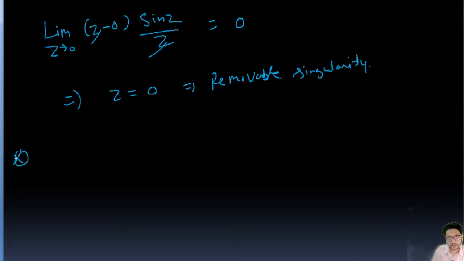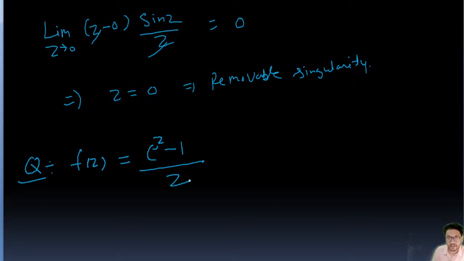Next question. The next question is f(z) equal to (e to the power z minus 1) upon z. This is a function, and we need to check whether z equal to 0 is a removable singularity or not. So z equal to 0 is a singular point, and we need to check if it's removable. How?